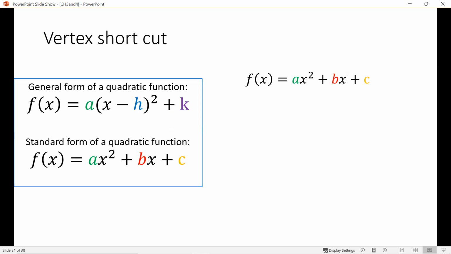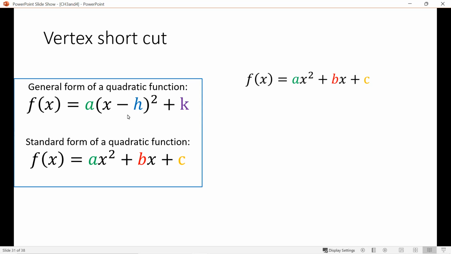Usually if we are in standard form, which isn't easy to graph from, we would complete the square to see our vertex. But we can also take a shortcut to calculate the vertex when we are in standard form. Here in standard form, we call our coefficients a, b, and c.